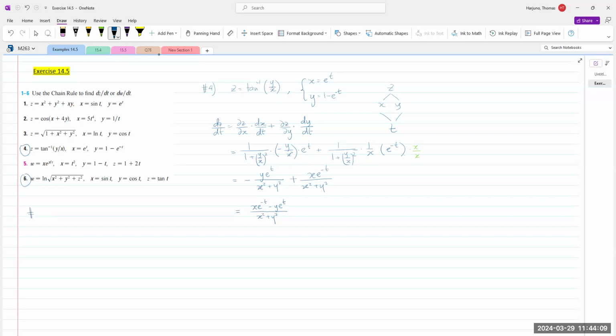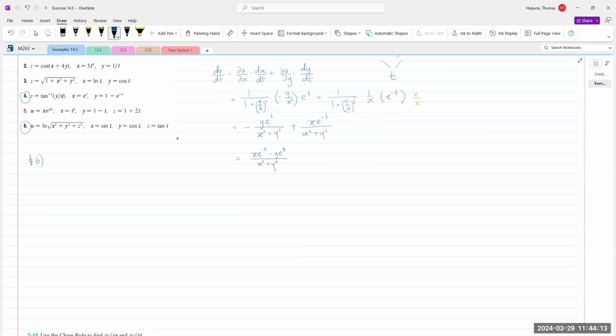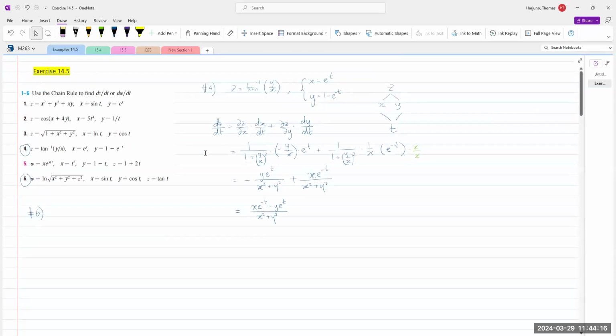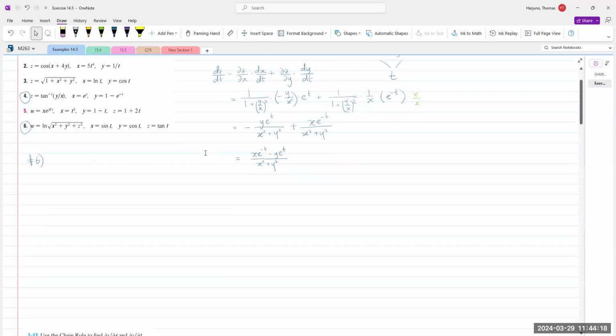Number 6. We need dw dt. So w is a function of x, y, z, and each of x, y, z is a function of t.